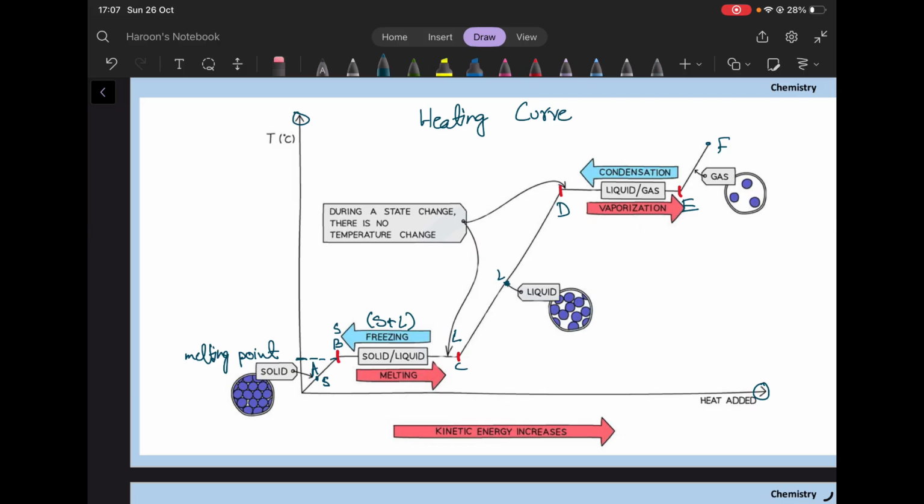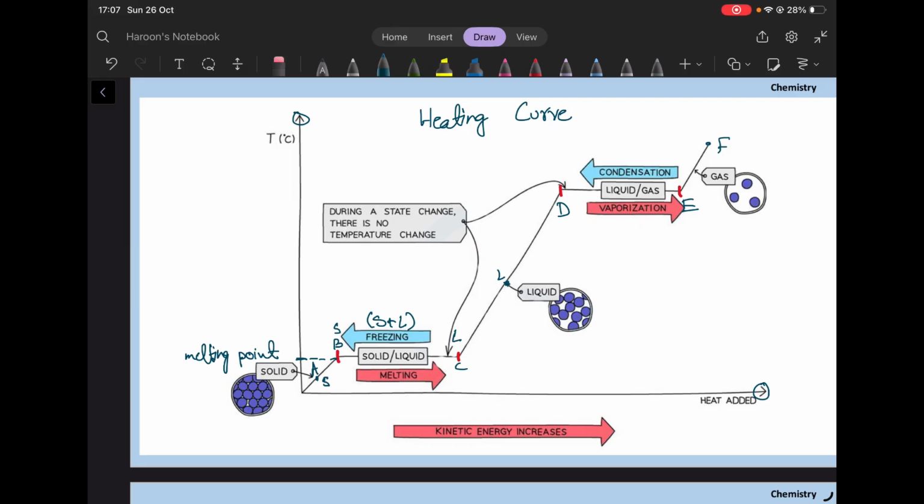When the change in state has been completed, only then can the temperature rise. So from point C onwards, the temperature can rise because the entire substance has converted into a liquid state.